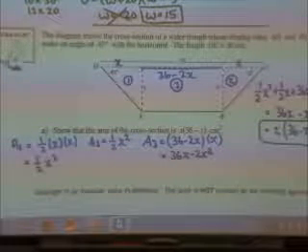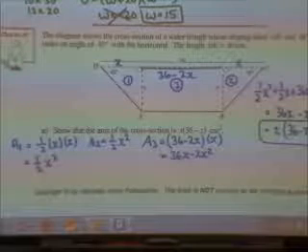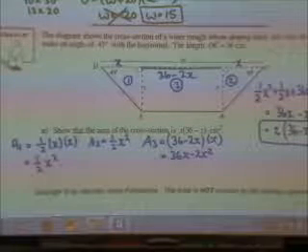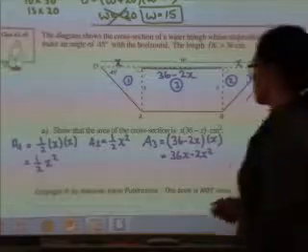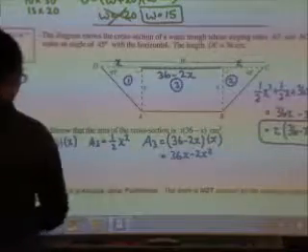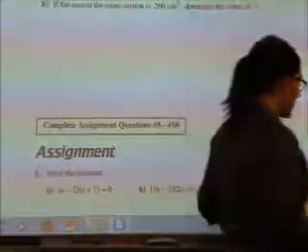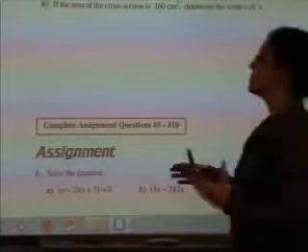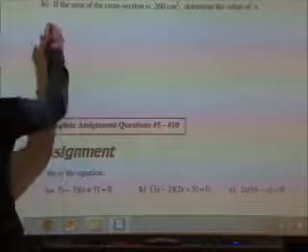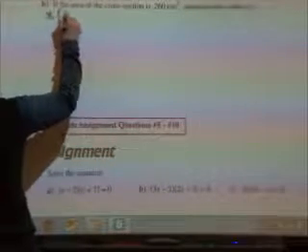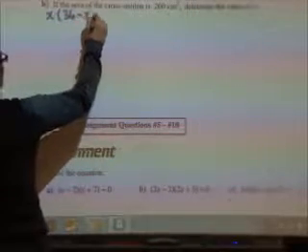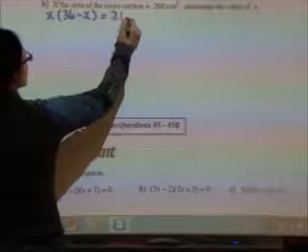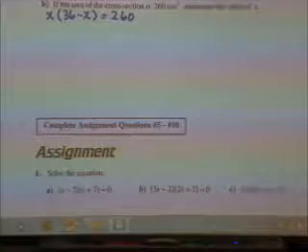And then the following page: if the area of the cross-section is 260 square centimeters, determine the value of x. On the previous page, we showed that the area equals x times 36 minus x, and we let the area equal 260.